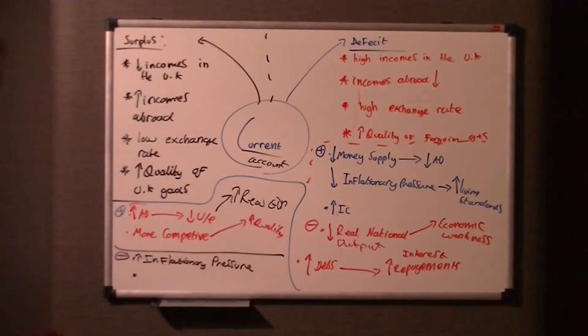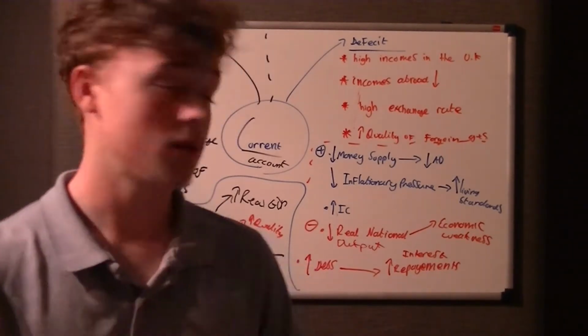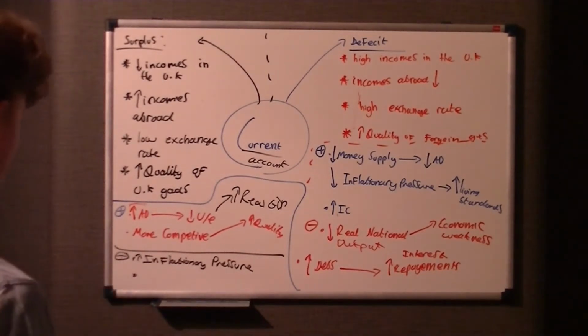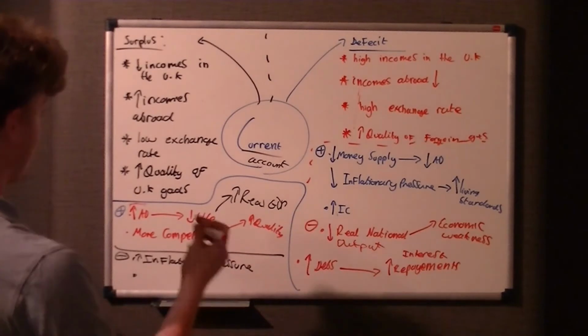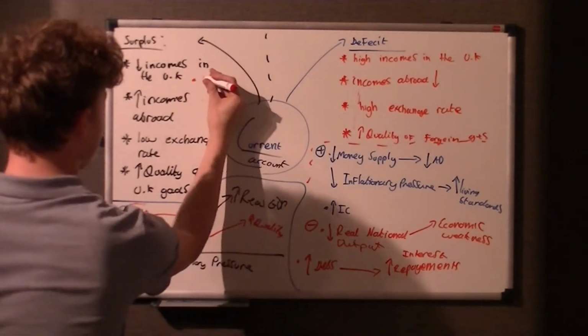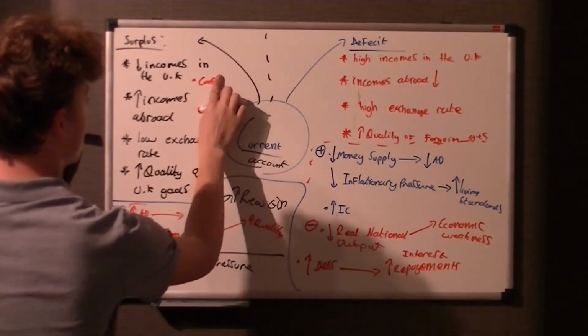If we're in a surplus, we're using more goods now. So it's great because we're actually consuming more. I should put that as another advantage, as we're consuming more than we're producing. Oh, no, sorry.